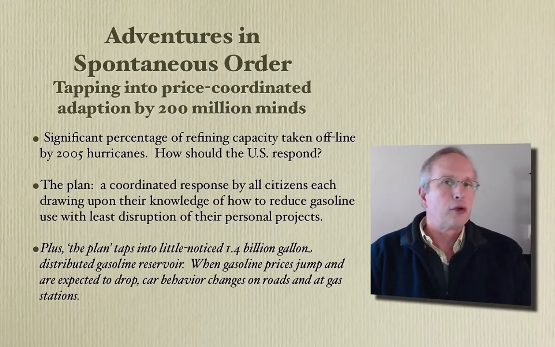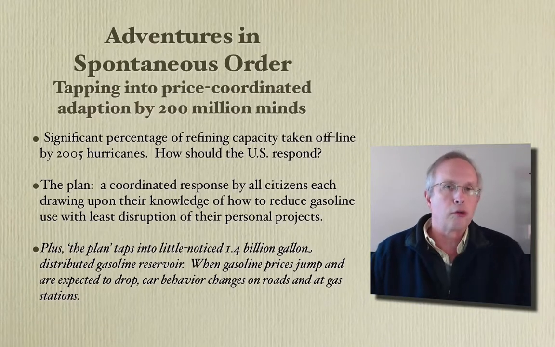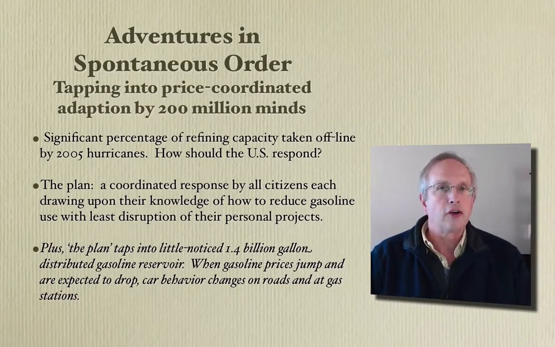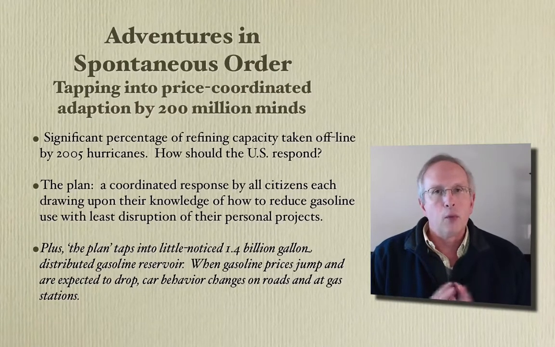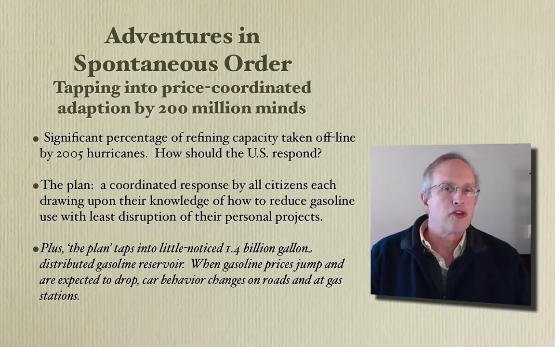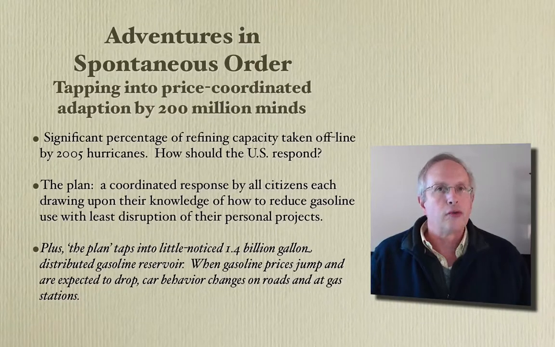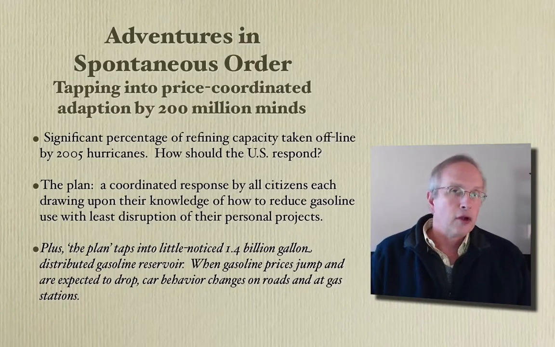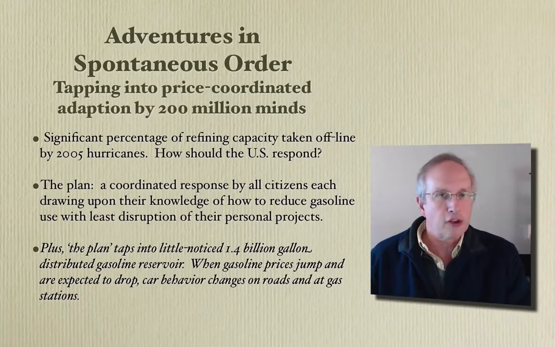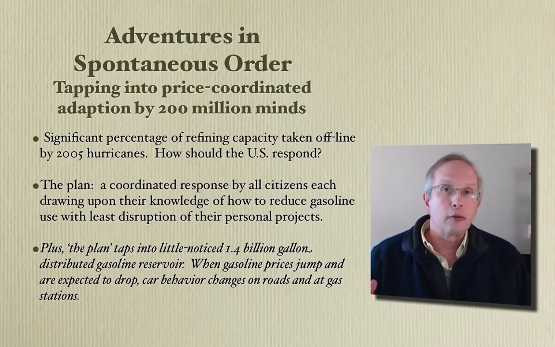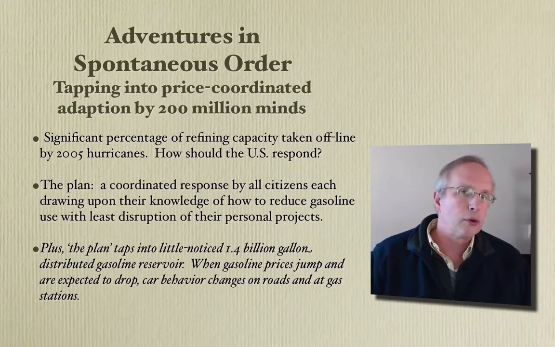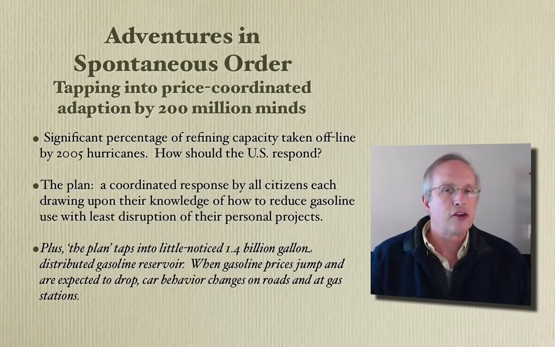So a couple examples for how the energy system works through prices. Consider that when the hurricane hit in 2005, Hurricane Katrina, it wiped out a significant amount of the U.S. refining capacity. And the question is, what should the response be? The government could have stepped in with mandatory limits on who could buy how much gasoline, or priorities for coupons for people most important to get it, and have a system like that.